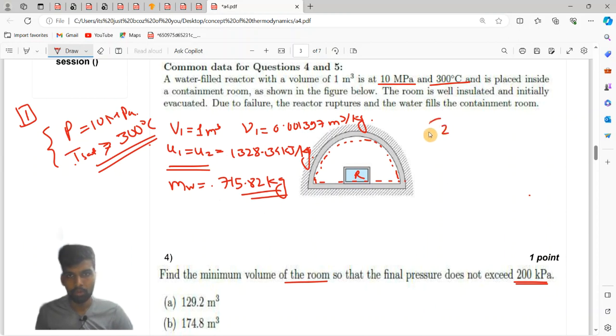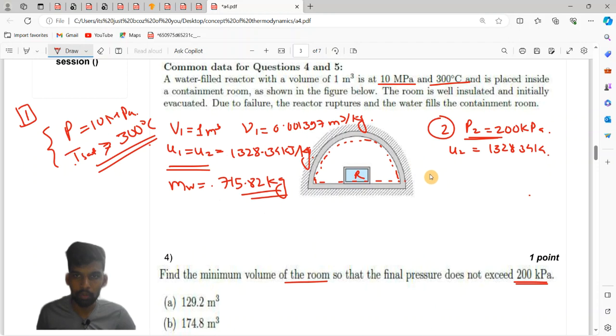So at state 2, pressure is 200 kPa. And one more property that we have with us is u2, 132 at 0.3414. So at this pressure, we will look at the saturated water table.